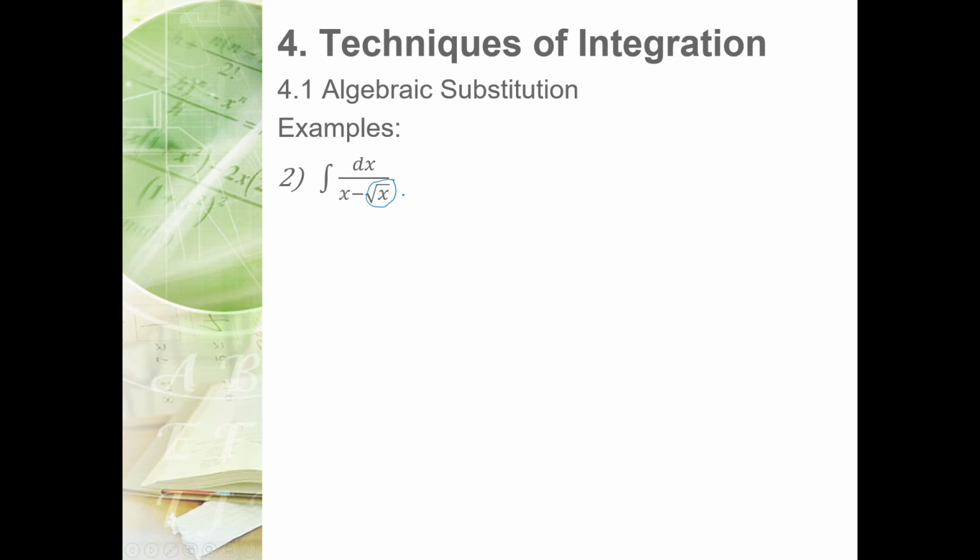Upon observation, we cannot use simple u sub, right? So this becomes z equals square root of x. And then getting the square, so this becomes z squared equals x. And then getting the derivative, this becomes 2z dz is equal to dx.